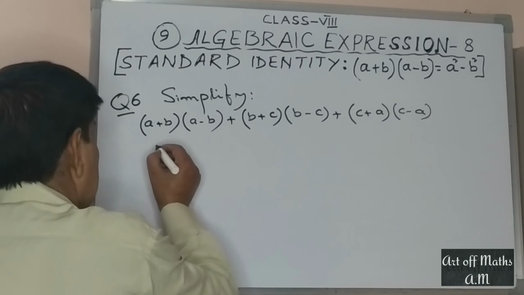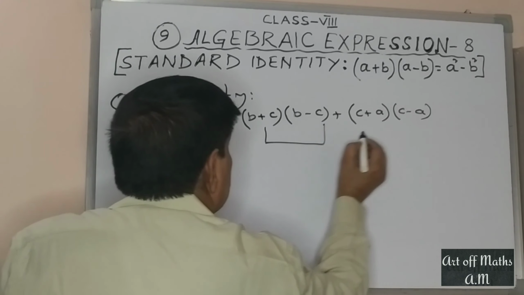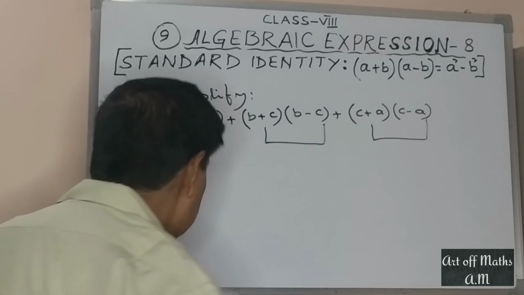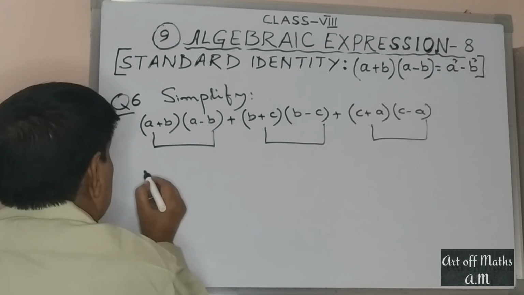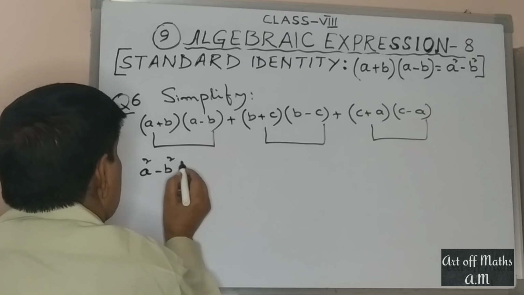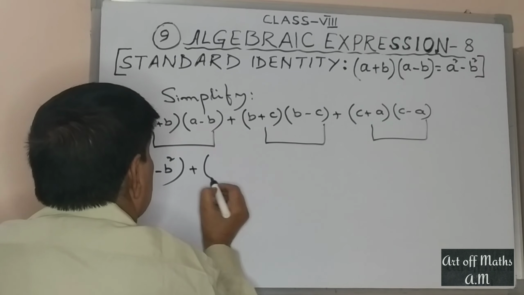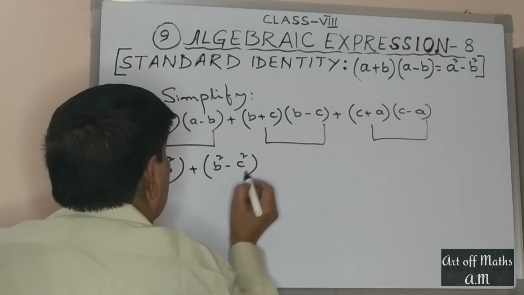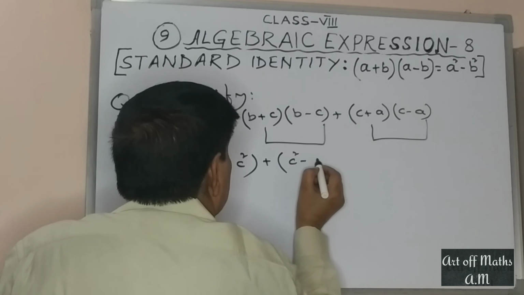Now first of all, from this we get a square minus b square, plus from this we get b square minus c square, from this we get c square minus a square.